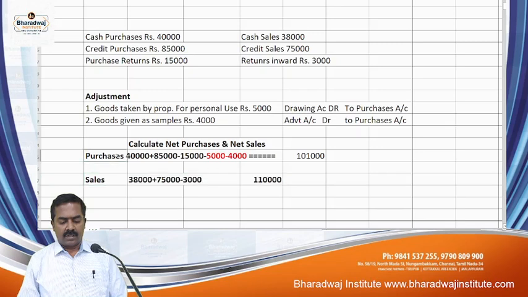So cash purchases plus credit purchases minus returns.